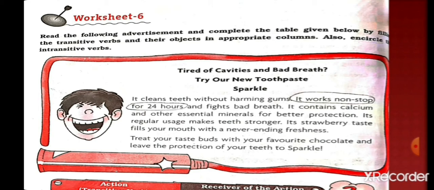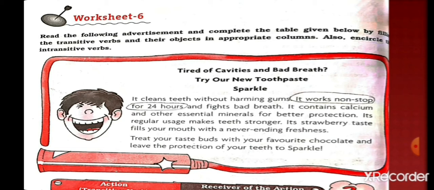Now students, one table is given to you here. In that table you have to write down the transitive verb, meaning the action, and in the second column you have to write down the object, meaning the receiver of the action. And students, I know that you know very well what a transitive verb is.